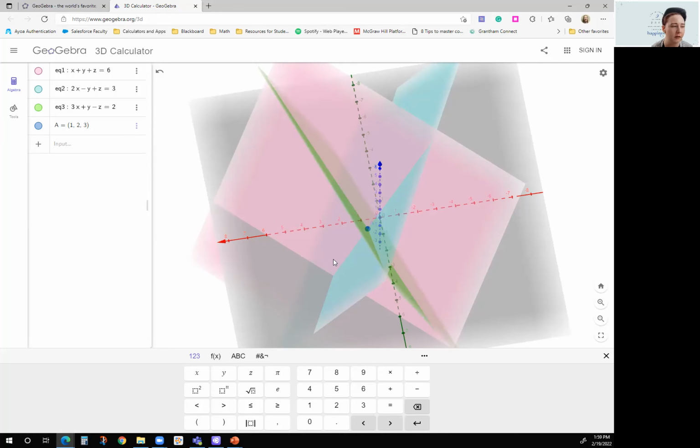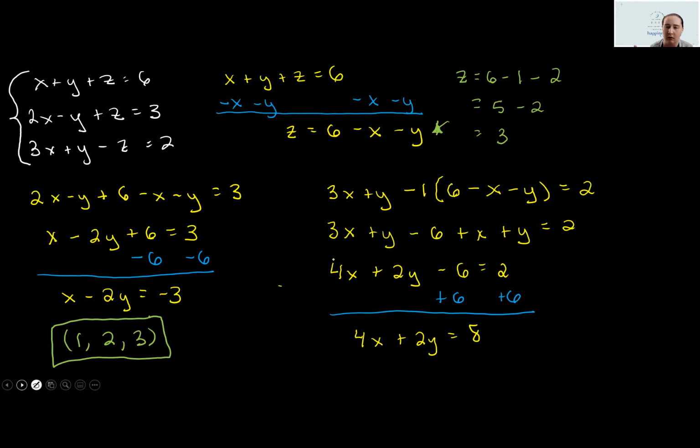Things will start to cancel out. If you get a contradiction anywhere in your solving, that means it's an inconsistent system, that there is not a solution that works in every equation. You might find a solution that works in 2 of them, but not the 3rd one.